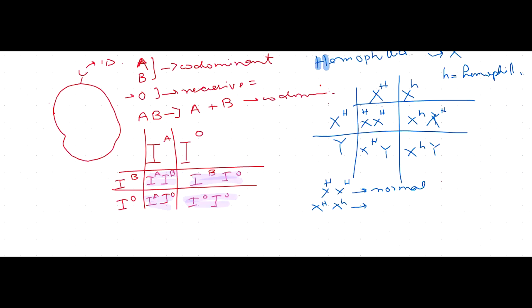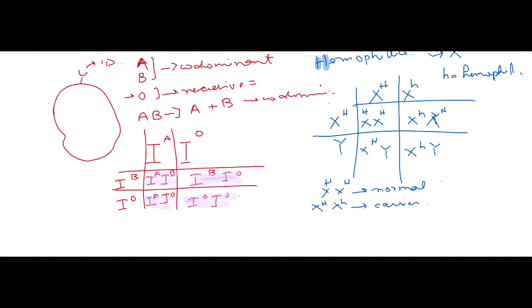This person is going to be completely healthy, but we will consider this girl to be a carrier. Carrier means that she still has the recessive gene. It is not going to show up, and she's not going to get sick, but she can pass it down to the next generation.